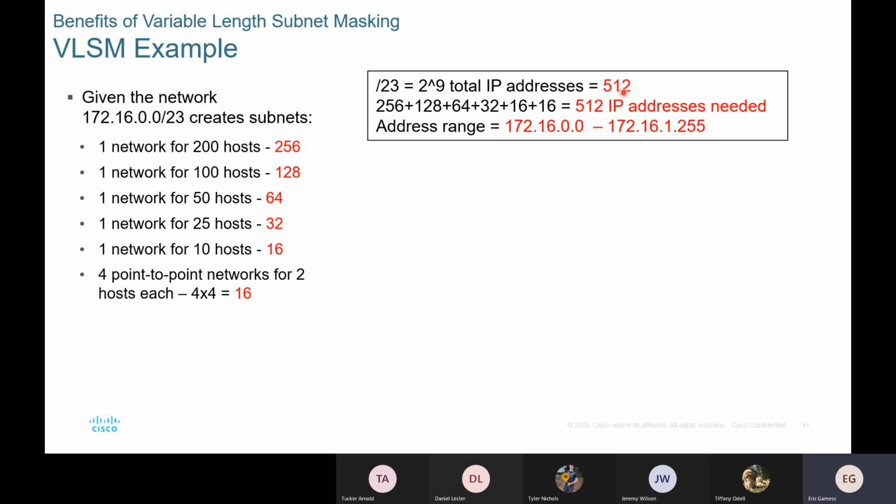This is exactly what I have. So I can solve this problem with variable length subnet mask. I will not be able to solve this problem with fixed length subnet mask, because I'm wasting too many IP addresses when I use fixed length subnet mask.